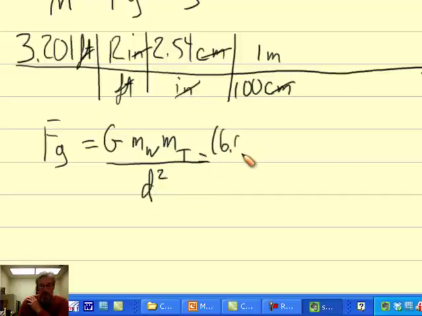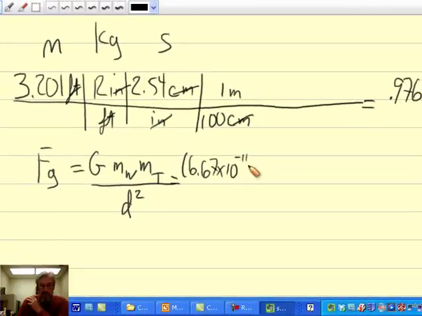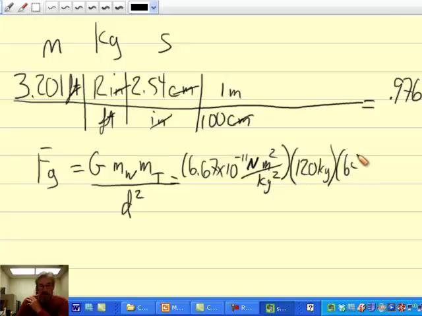G is 6.67 times 10 to the negative 11th Newton meters squared per kilogram squared. Wally's mass was 120 kilograms. Tony's mass was 64 kilograms. And we've just determined that the distance between them in meters is 0.976 meters, and that's going to be squared according to our equation.